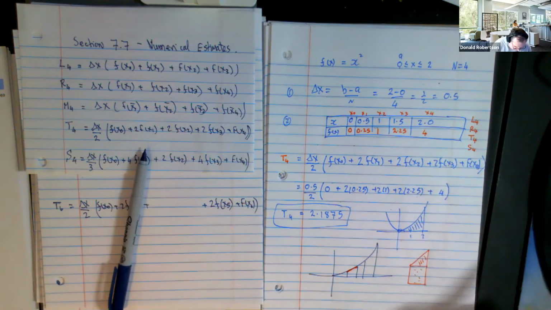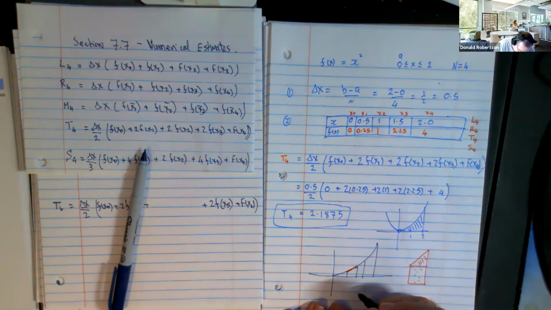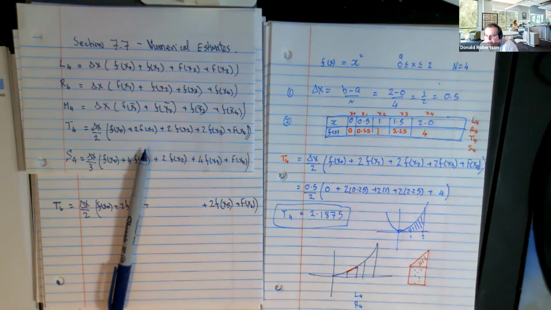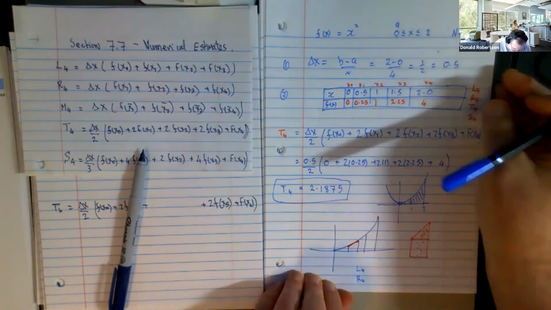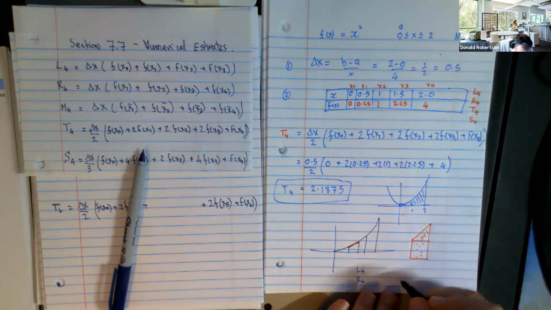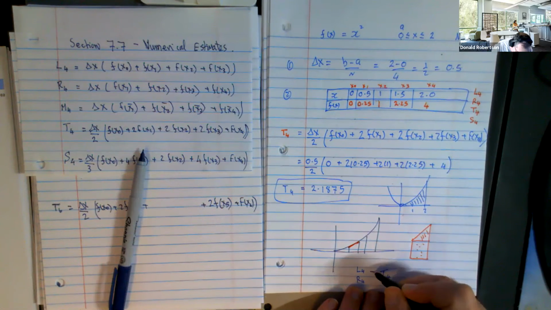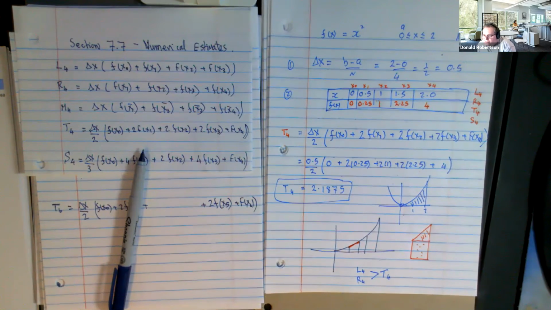Now, in the big scheme of things, left and right are pretty bad estimates. Unless you have tons of strips, a left or a right 4 won't do a great job. A trapezium 4 is better.